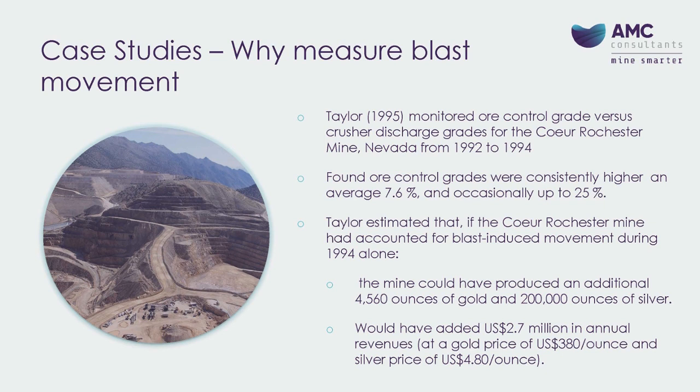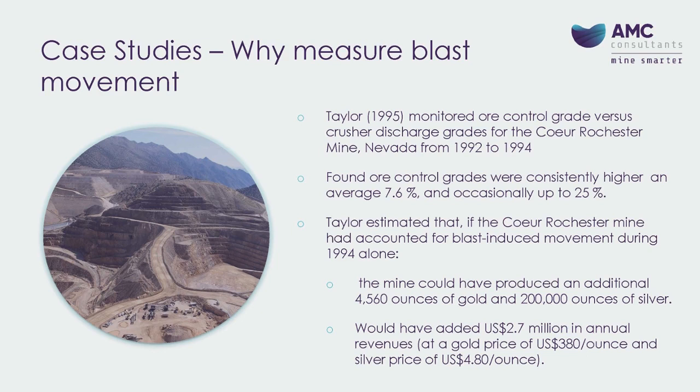That was the mode of operation at the time. He also found that only a few operating mines actively monitored blast-induced rock movement. And of those mines that actively monitored blast movement, there was only one that he found to occasionally adjust pre-blast grade boundaries to account for the movement. So this was 26 years ago, so we'll see how far we've come.